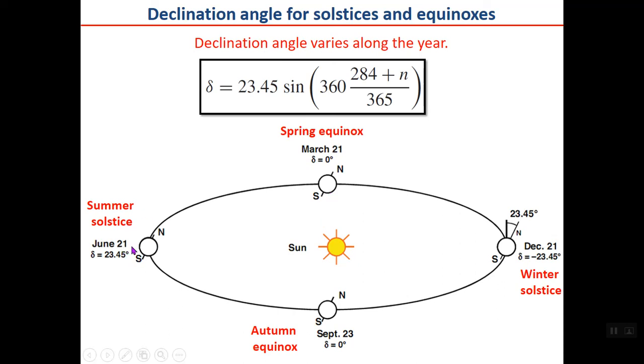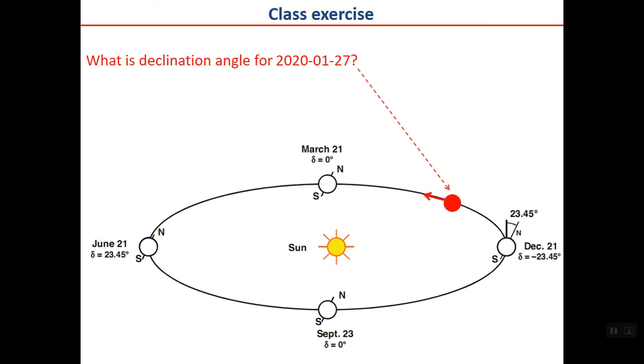And for the summer solstice, which is on 21st of June or 20th of June, it is 23.45, and for the winter solstice it is 23.45 with a minus sign. So you can see that for half of the year the value is negative, and for half of the year its value is positive.